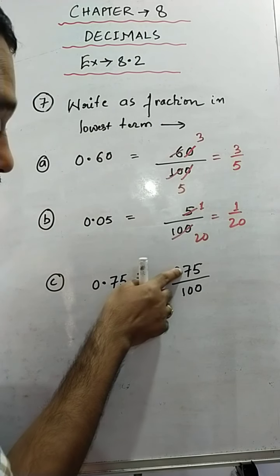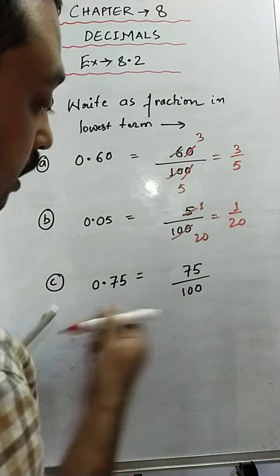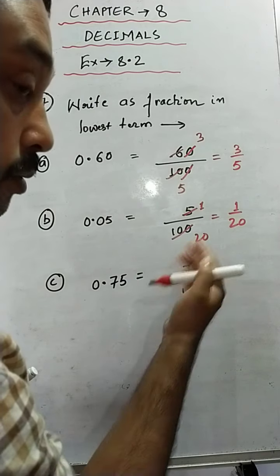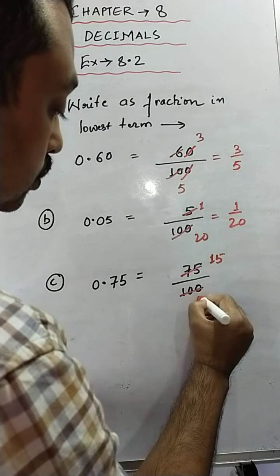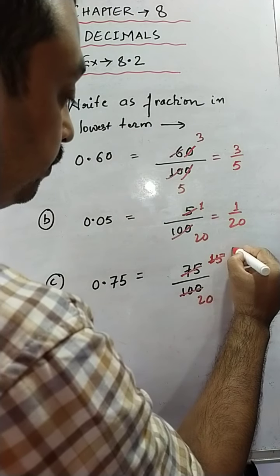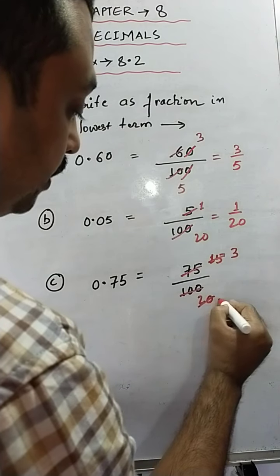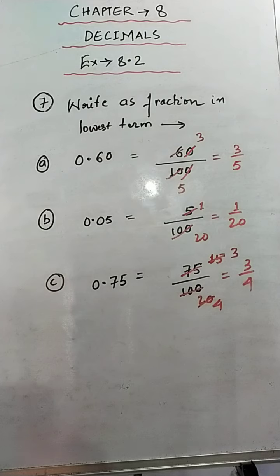No. So it is not required. Okay. Now, what is the last part? We have to convert this fractional number to its simplest form. That is, 5 ones are 5, 5 20s are 100, 5 3s are 15, 5 4s are 20. That means your answer is 3 by 4.